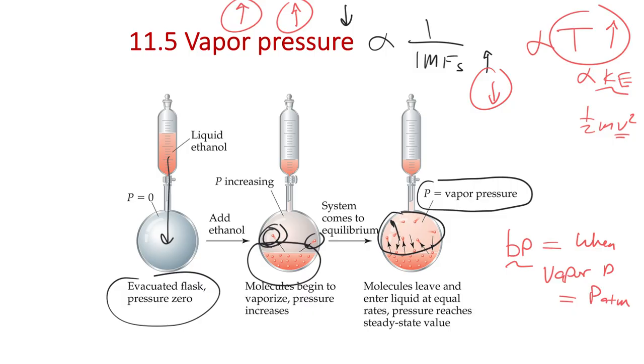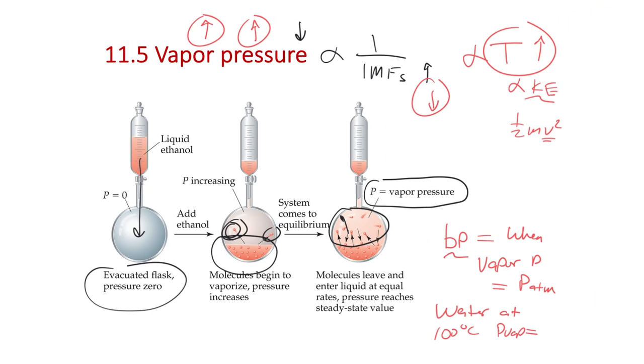As soon as we hit 100 degrees C, guess what the vapor pressure of water is? Does anybody want to guess? Any guesses? 760 millimeters of mercury. The standard atmospheric pressure is 760, so water at 100 degrees C has a vapor pressure of 760 millimeters of mercury.